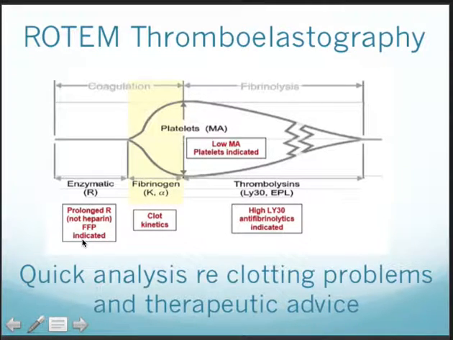So here, in this area, administration of fresh frozen plasma is warranted. Here on the right hand side, antifibrinolytics are indicated, and here platelet administration is warranted. So it's great because almost immediately and visually we can see what the situation is of the coagulation and the fibrinolysis of a patient, and it saves us a lot of time because otherwise the blood tests have to go to the laboratory and we have to wait for the advice of the hematologist.